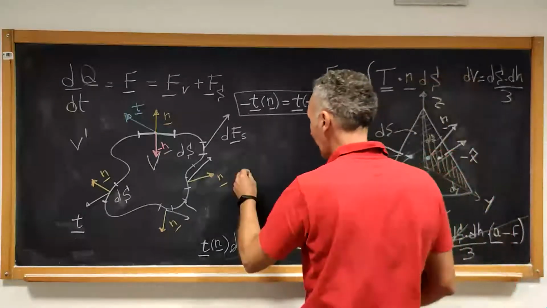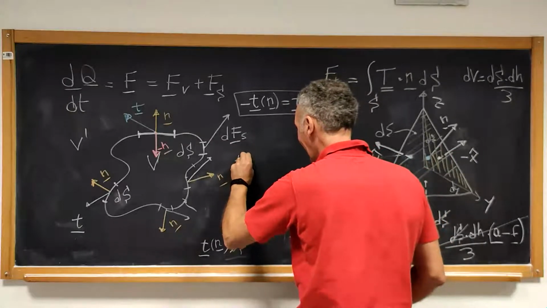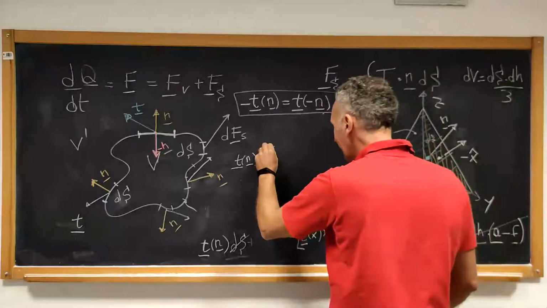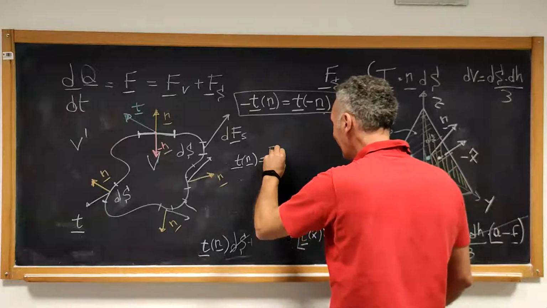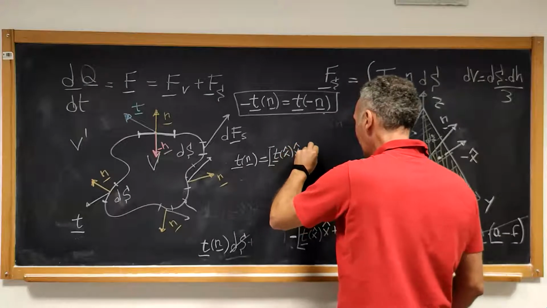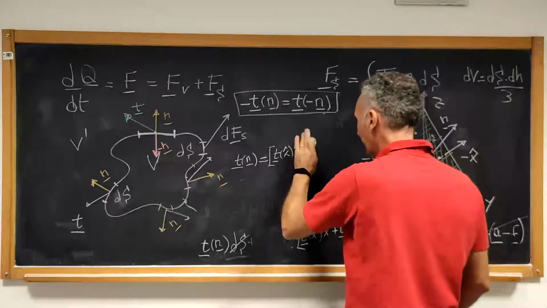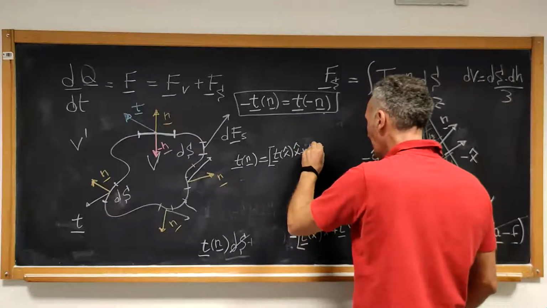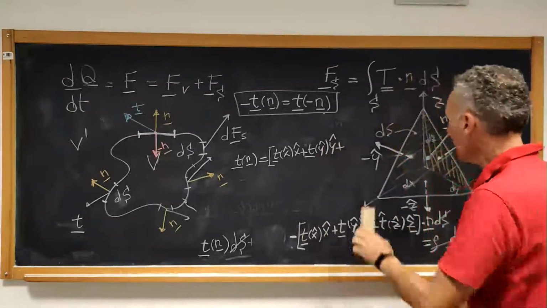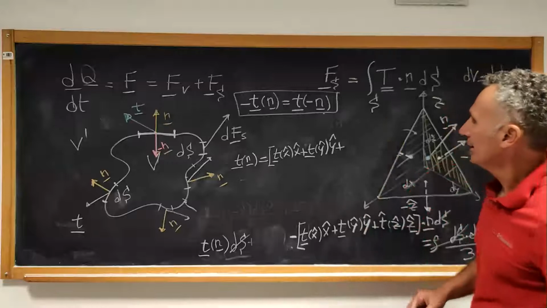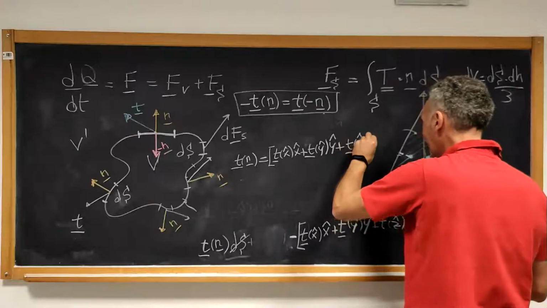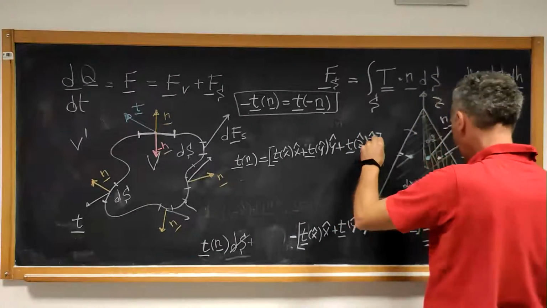So I can write Tn equal, so now this expression I can bring to the right hand side, and so I will have T x hat plus T y hat plus, let me make some room, T z hat, dot n.